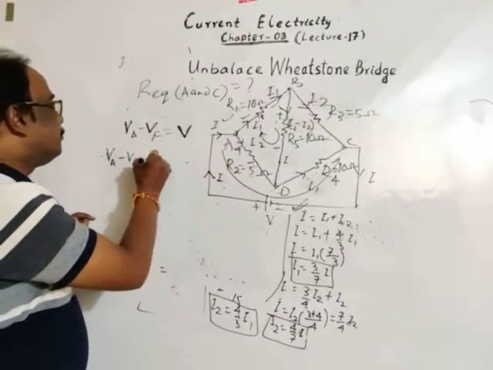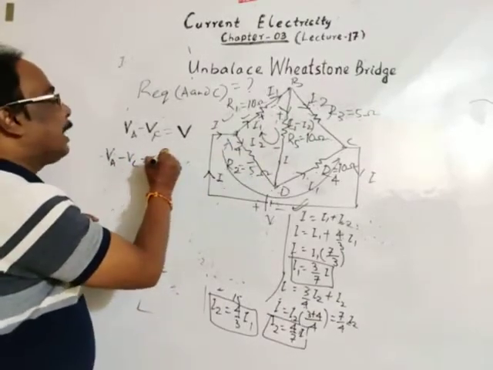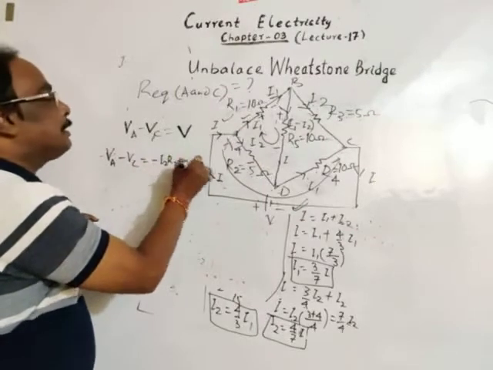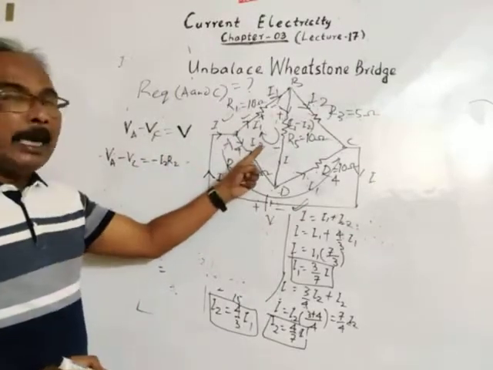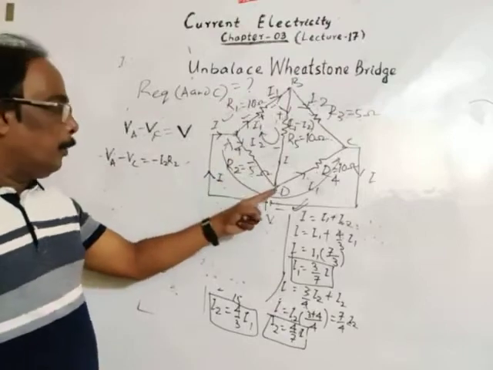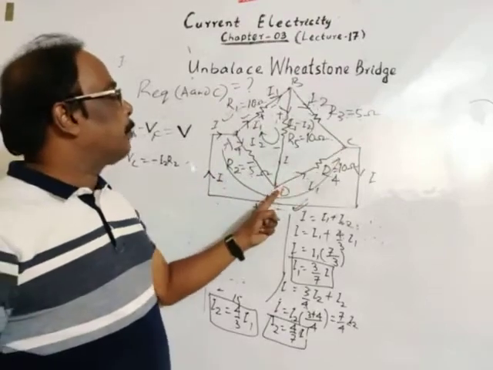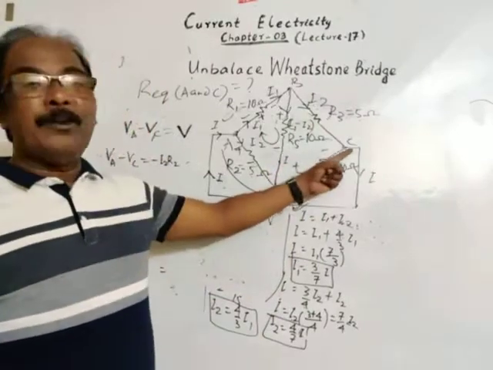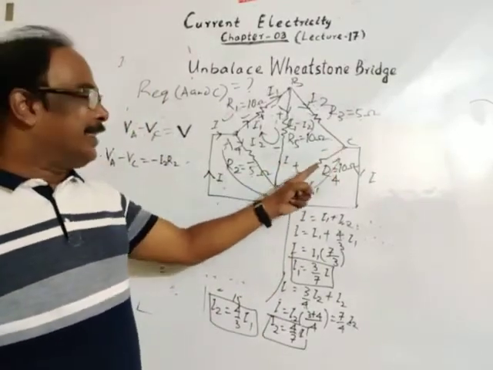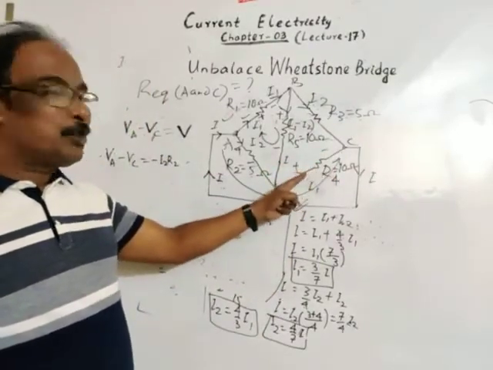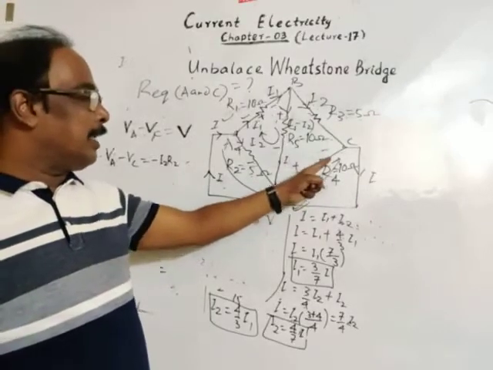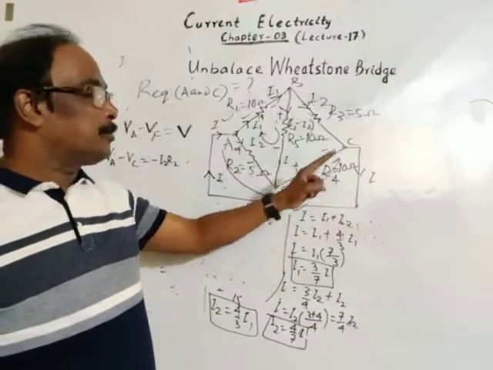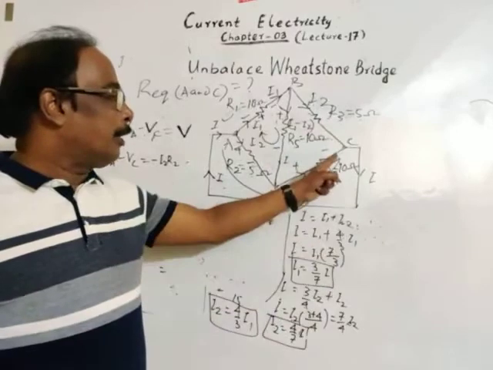Let's take minus. Current is I2. Resistance is R2. Then from D to C, again current flows from high potential to low potential. So this end of resistance R4 is at high potential and this end of resistance R4 is at low potential.